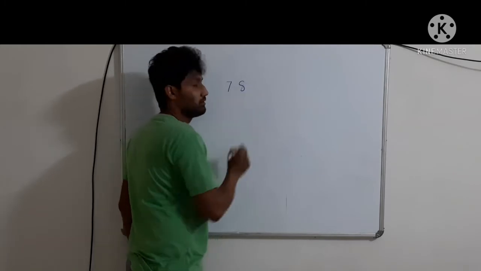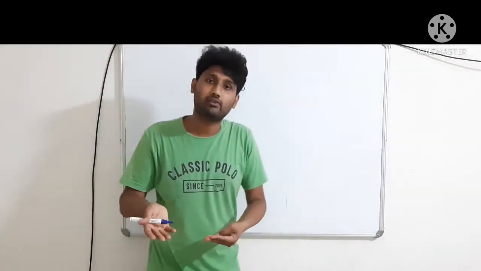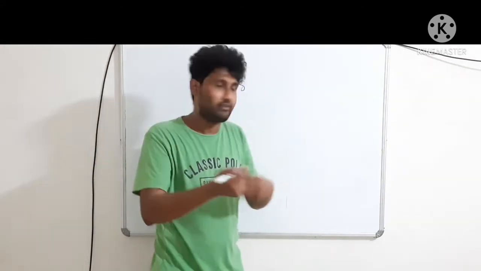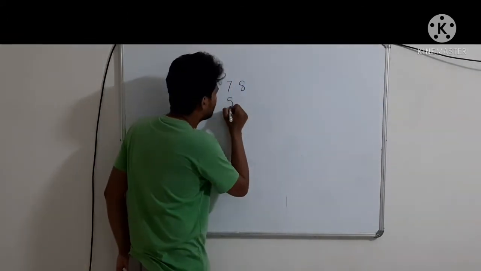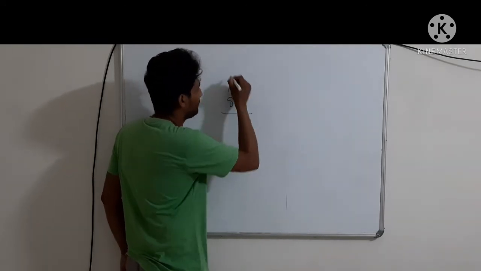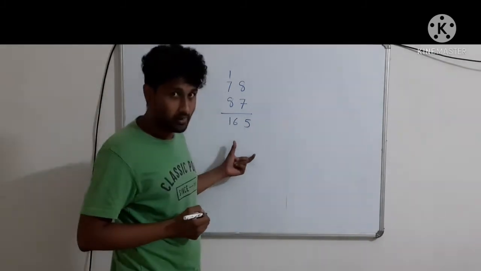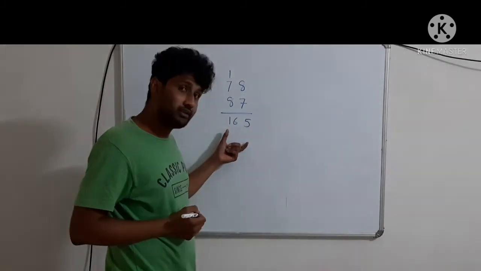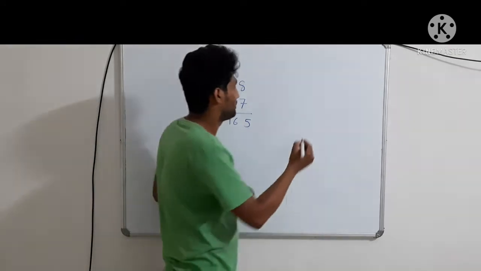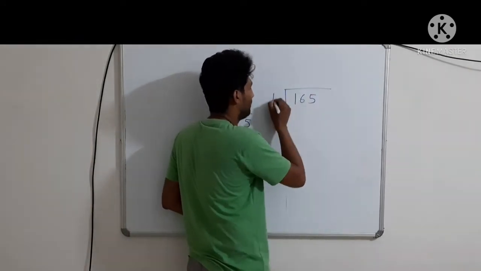Let me take 78. So if my given number is 78, what will be the reverse number? 87. So 78 plus 87. I add the 2: 8 plus 7, 15, 1; 7 plus 8 plus 1, 16, so 165. Now if I divide this number by 11, let's see what happens. 165, I divide this by 11.